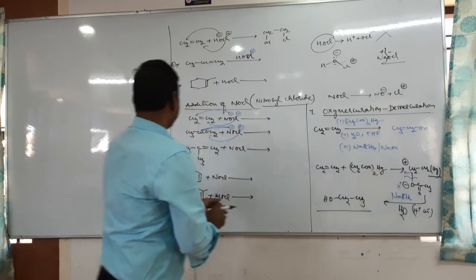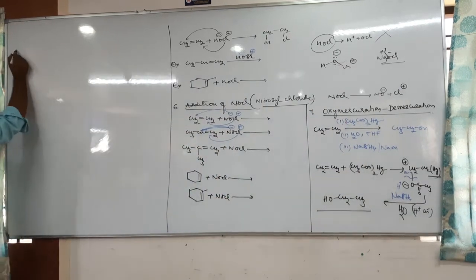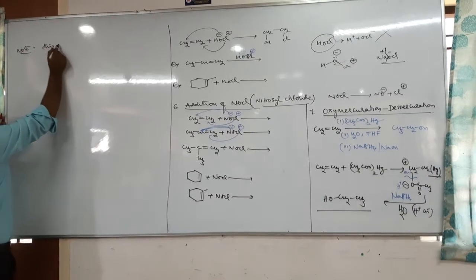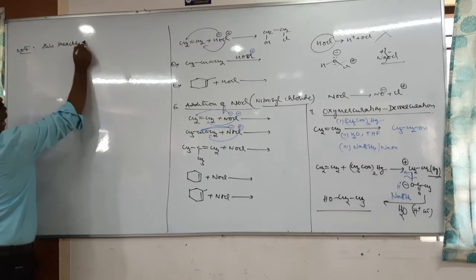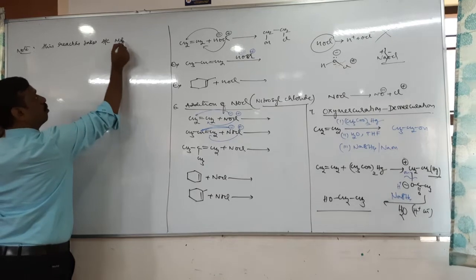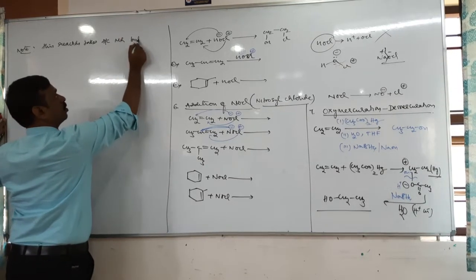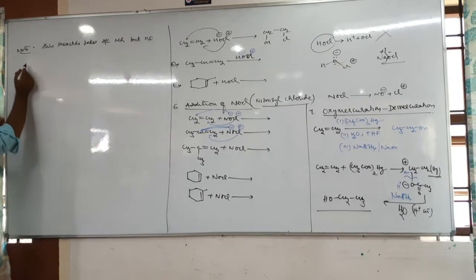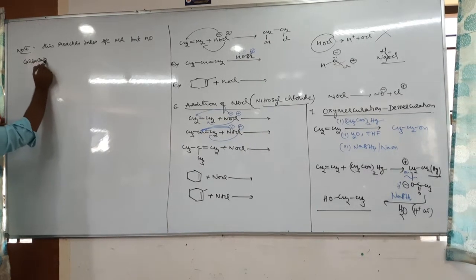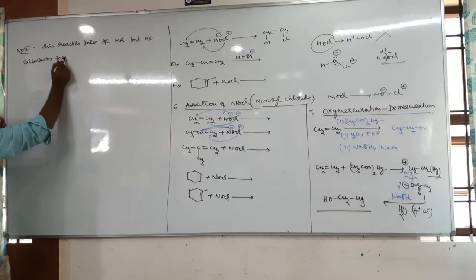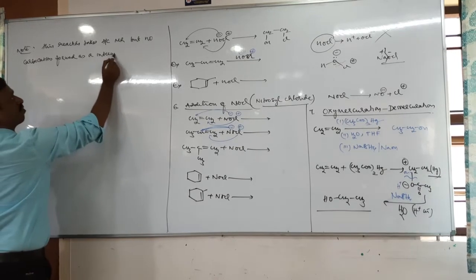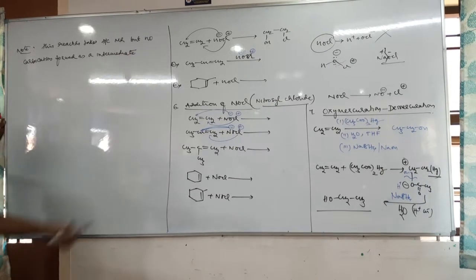So therefore, here writing the product is important. Take one important note. This reaction takes place according to Markovnikov rule, but no carbocation is formed as an intermediate.